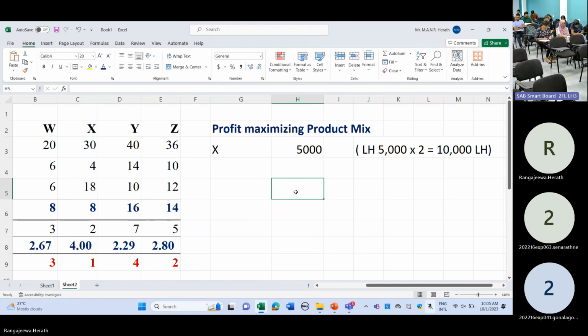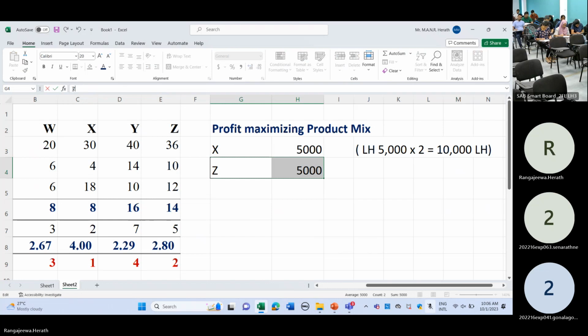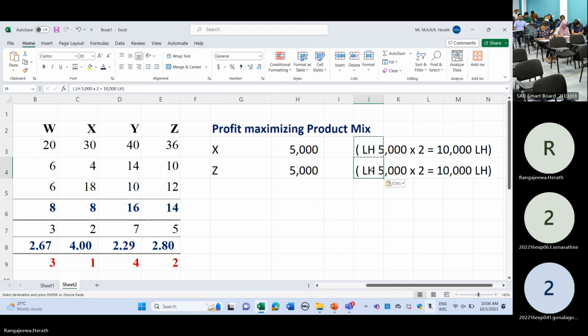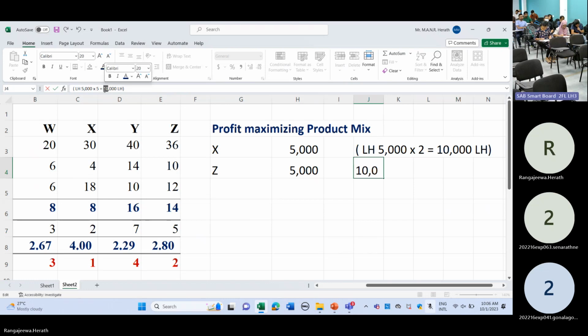Then you go for the second one, Z. Producing 5,000 units of Z, how many labor hours do we need? 1 unit of Z requires 5 hours, so it requires 25,000.